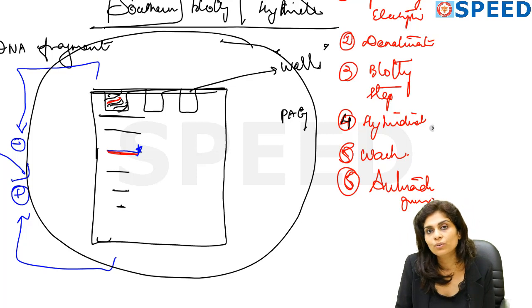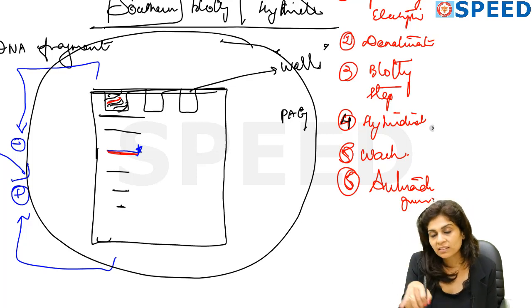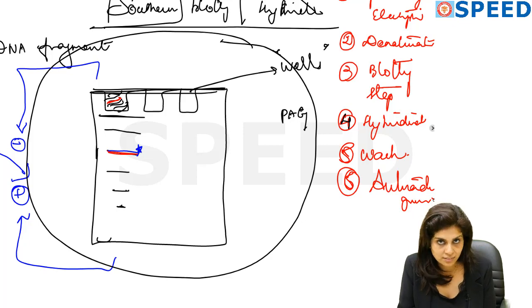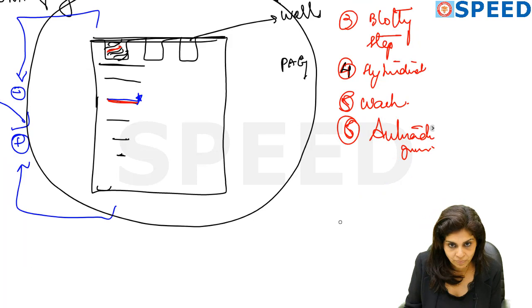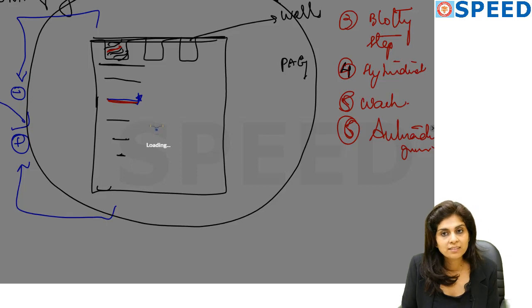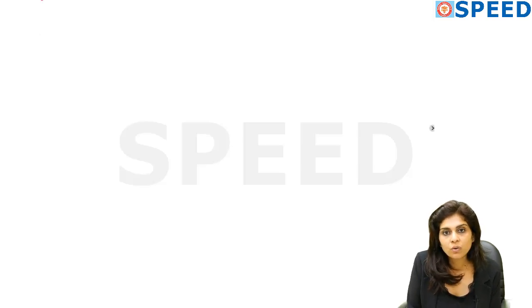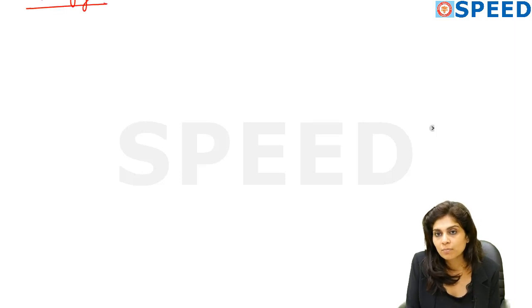That's called autoradiogram. By visualizing the autoradiogram, you will know which fragment has got the gene of interest. This is Southern blotting or Southern hybridization. If you are using the same technique, same principle, but for identifying unknown RNA fragment, that is called northern blot.